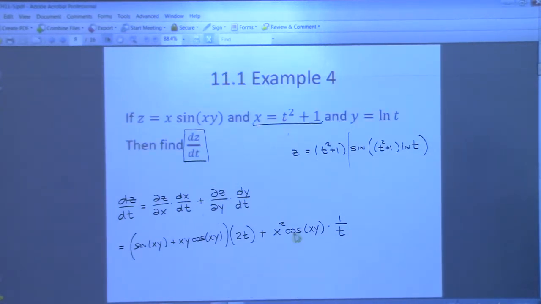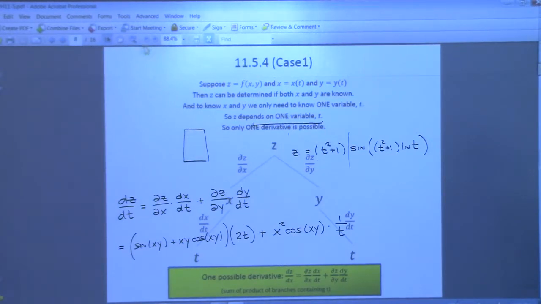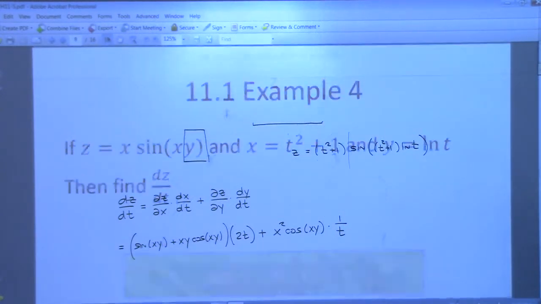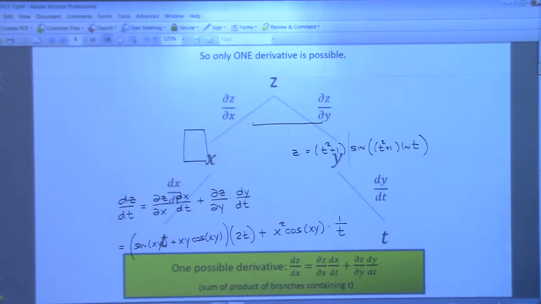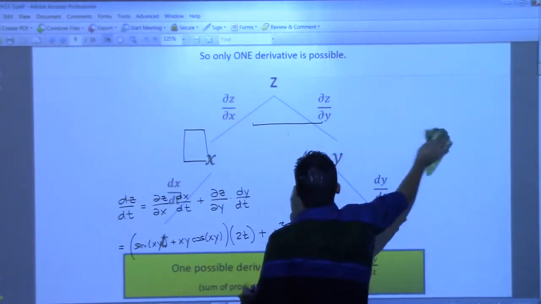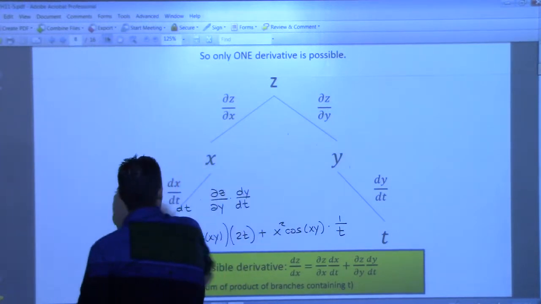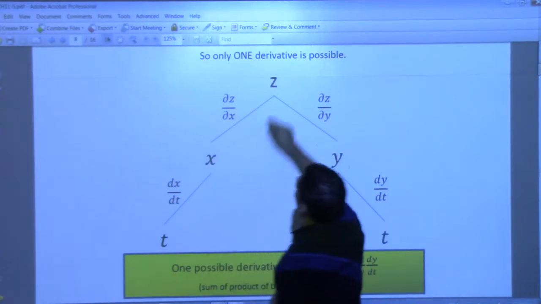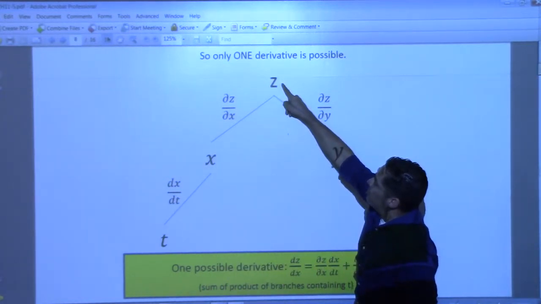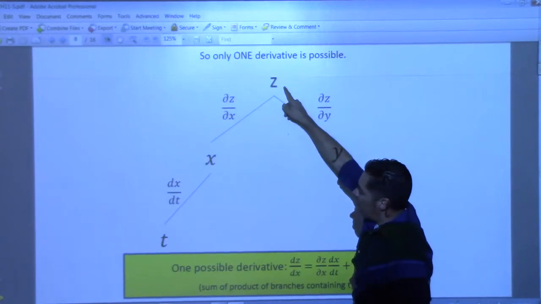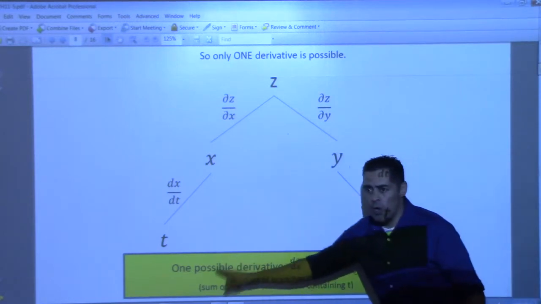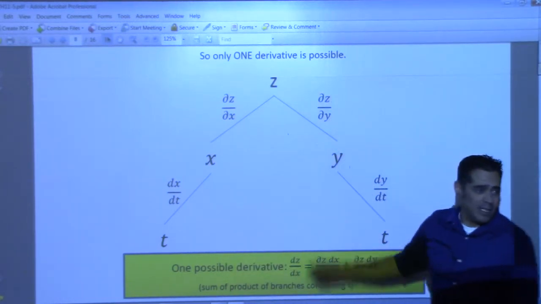So that's what this note is saying. It's saying when your function, I guess the one at the top of the tree, depends on exactly one variable at the end of the tree, then there's only one derivative possible, and that's dz/dt.